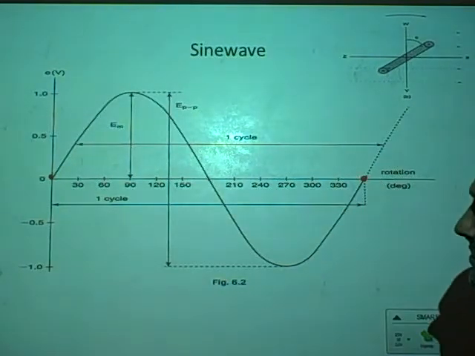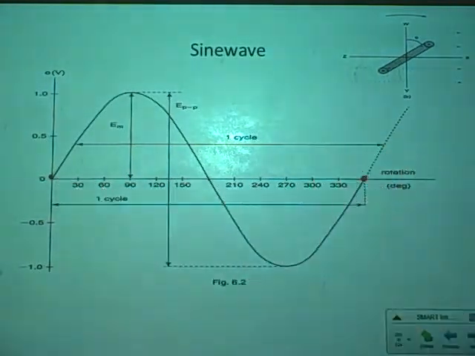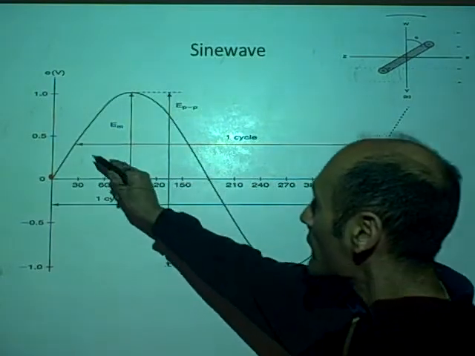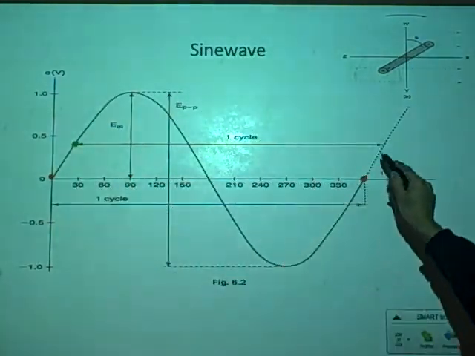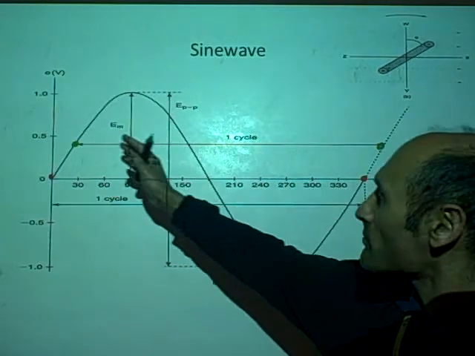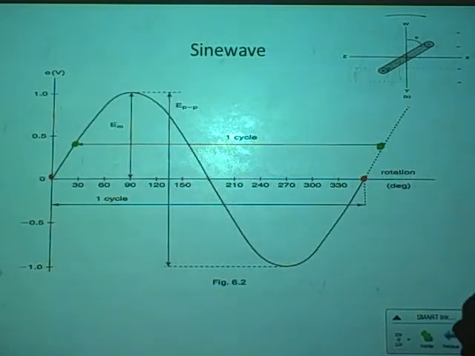So one cycle can be from there to there, between the two red dots, or from there to there in the green dots. It doesn't matter where it is, as long as there are two corresponding points, and the distance between the two represents one cycle. Make a note.